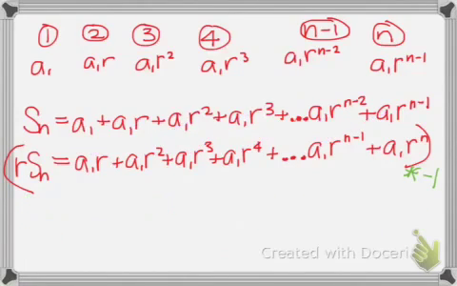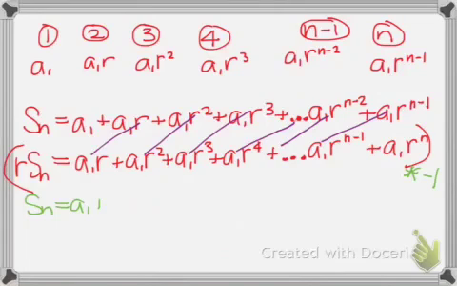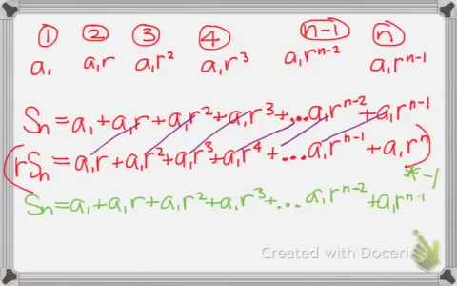Let me back up a little. All of these are going to pair up, and eventually they're going to drop out. So what we end up with is s sub n minus r times s sub n. Let's put these in here for just a second. Here's our first series, and here's our second series.